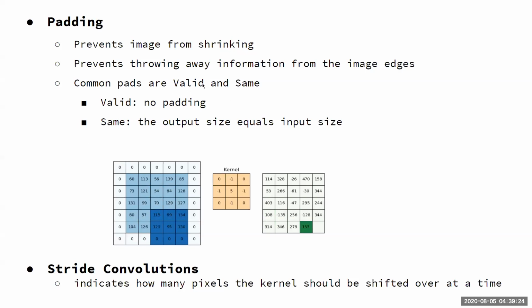The valid padding type basically means there's no padding, and the same padding type makes sure that the output size is equal to the input size. In frameworks like Keras and TensorFlow, when you choose the same padding type, it automatically finds the stride value and the padding value that gives you the same output dimension.